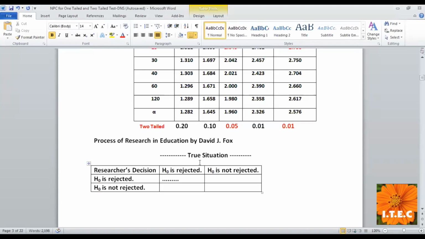Now here the true situation is that null hypothesis is not rejected and you are rejecting it. So is it type 1 error or type 2 error?